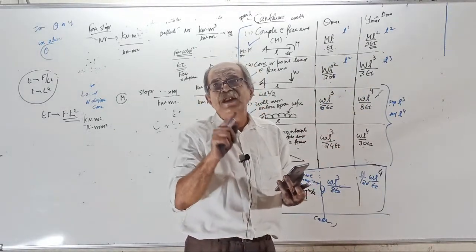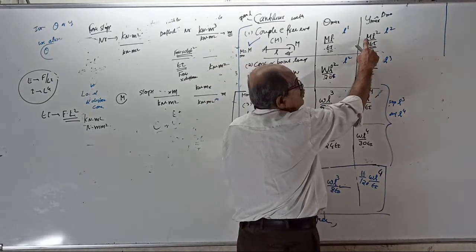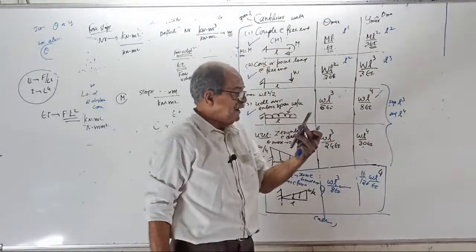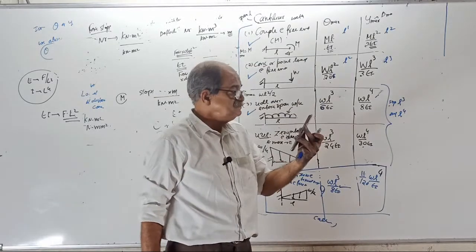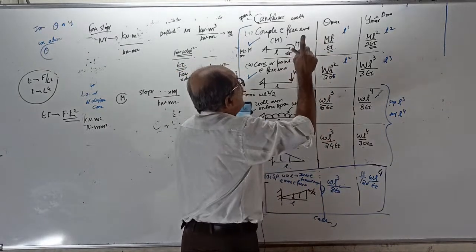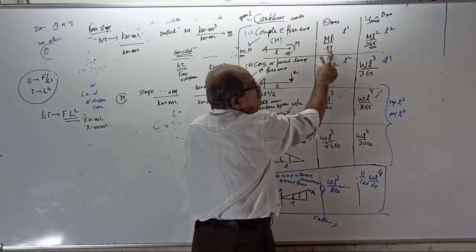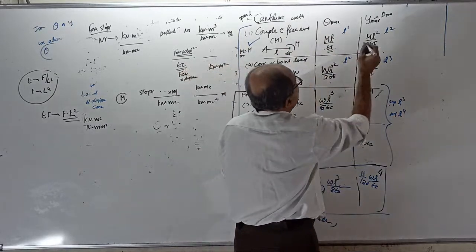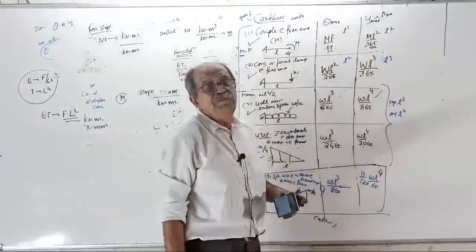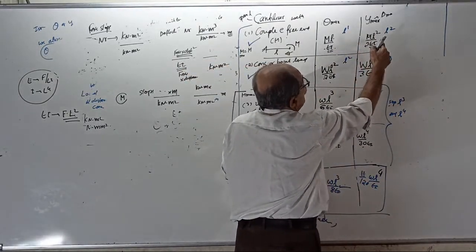To make kilonewton meter cube for deflection, what do you require? L power. For slope I want L power 1, so that kilonewton meter into meter, kilonewton meter square by kilonewton meter square cancels. For deflection, kilonewton meter into meter square makes kilonewton meter cube, and kilonewton meter cube by kilonewton meter square gives meter.